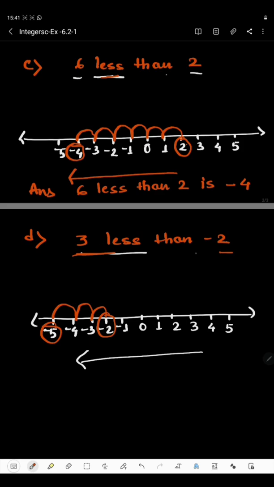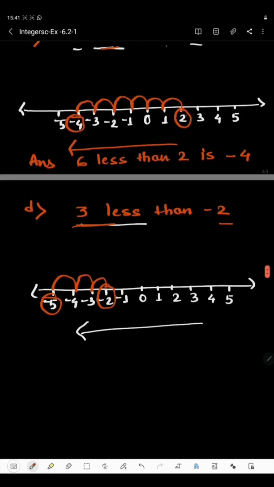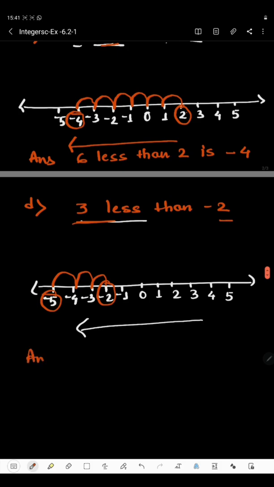So 3 less than minus 2 is minus 5. So we will write: 3 less than minus 2 is minus 5.